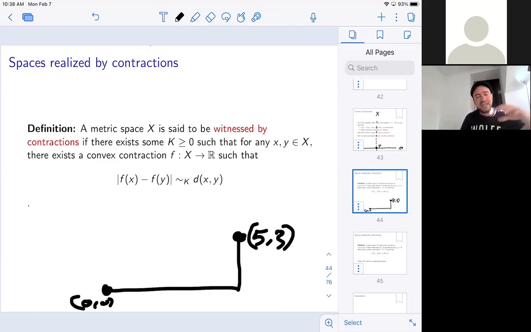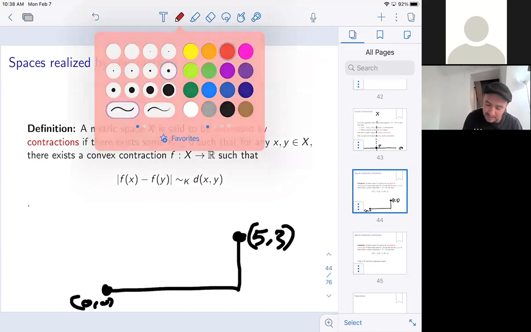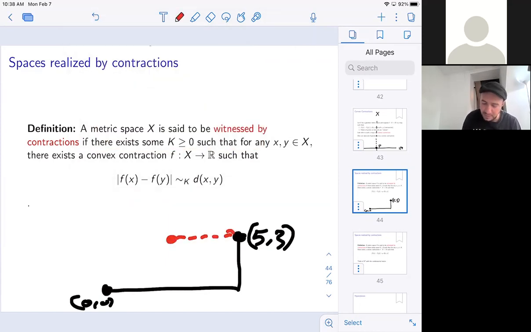You can try to say, well, I'm going to do the nearest point projection to this geodesic, but that's not going to be a contraction, it's not even really going to be a map, because you'll have points here that will have two different images.